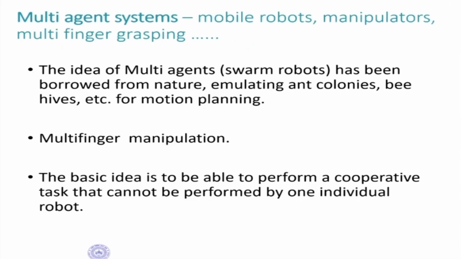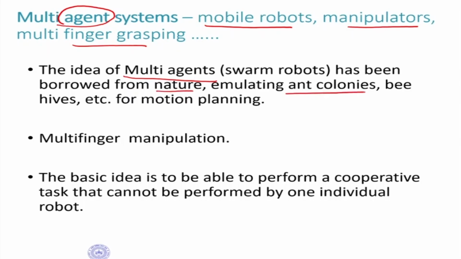So for example, multi-agent systems can be mobile robots, they can be manipulators, they can be multi-finger grasping. So these are all classified under multi-agent systems. For example, an agent in this case is a robot. So you can have a multi-fingered hand which is catching an object and rotating it. The idea of multi-agents, also sometimes called swarm robots, has been borrowed from nature, emulating ant colonies and beehives for motion planning.